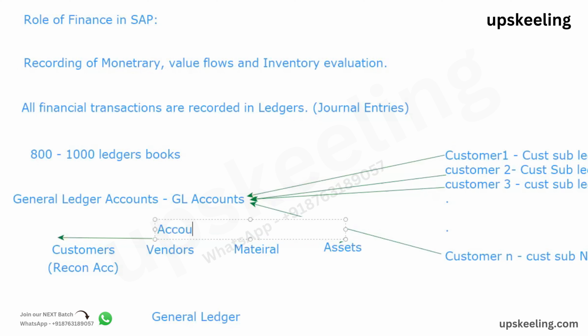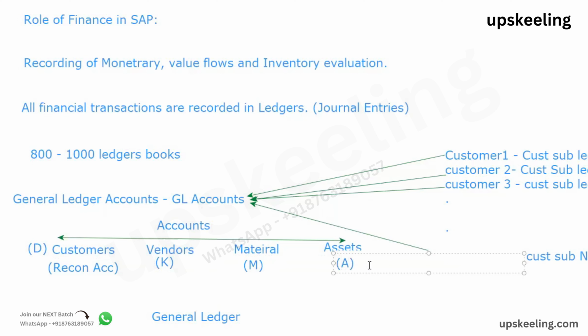If someone asks what the different account types available in SAP are, you can say customers are denoted by the letter D. Vendors are recognized with the letter K. Materials are recognized by the letter M. Assets are recognized with the letter A. GL accounts are recognized with the letter S. So all these are considered account types in SAP.